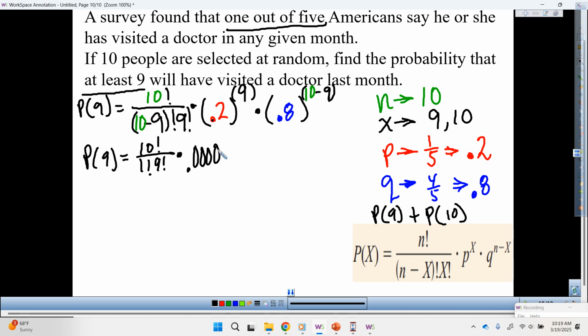Calculators. 0.000 what? How many zeros? 6. And then 512. Okay. Times 0.8 to the 10 minus 9 is 1, so that's still 0.8 to the first power.